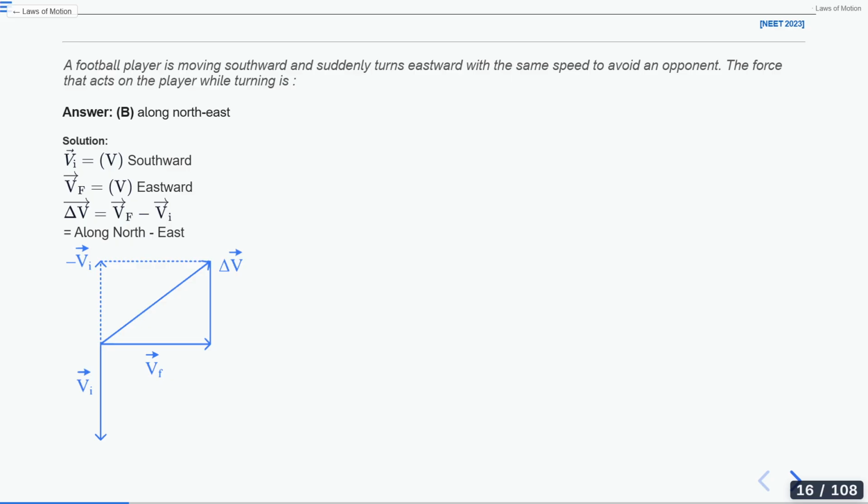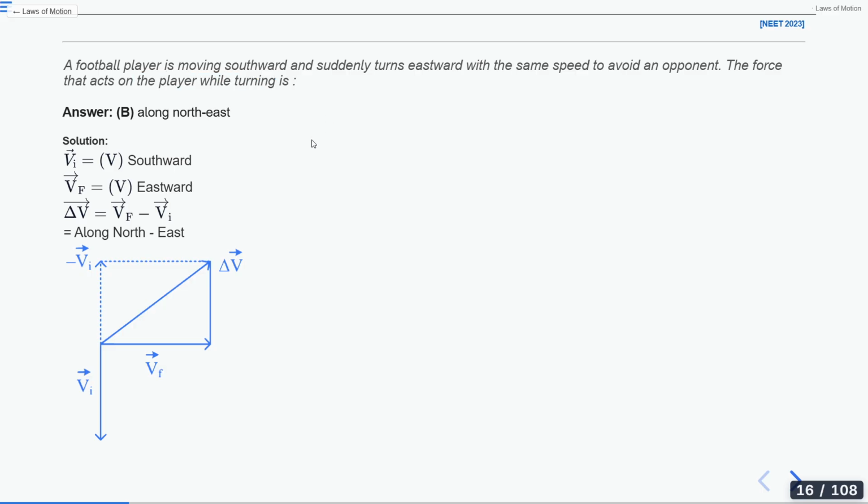Now we have a footballer who is moving downwards, that's in the southward direction, and suddenly he moves towards the eastward direction, that's towards the right. So he was first moving in this direction, now he moves in this direction to tackle the opponent. We are told to find in which direction the force will be exerted on the player while turning.